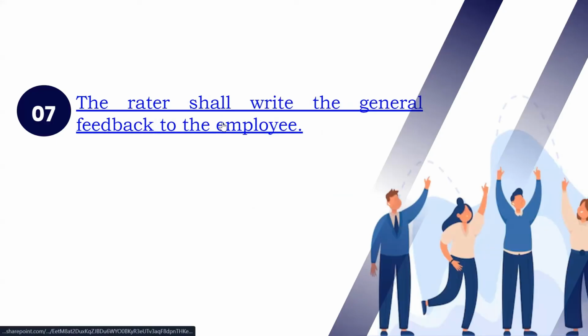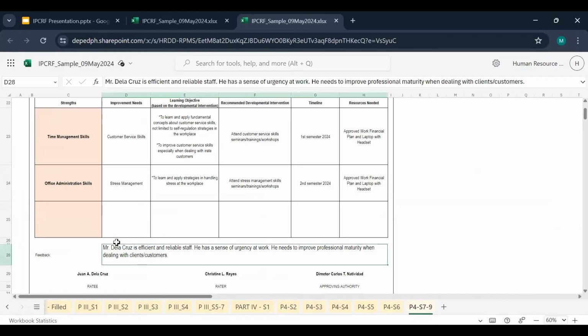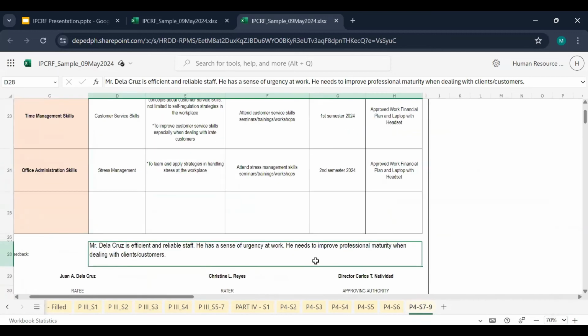So, for example, the name of the ratee is Mr. Juan de la Cruz. The feedback of the rater, Ms. Christine Reyes, is that Mr. de la Cruz is an efficient and reliable staff. He has a sense of urgency at work. He needs to improve professional maturity when dealing with clients or customers.